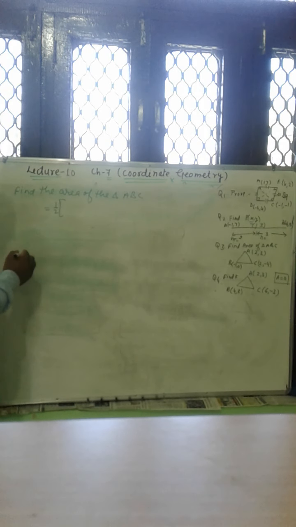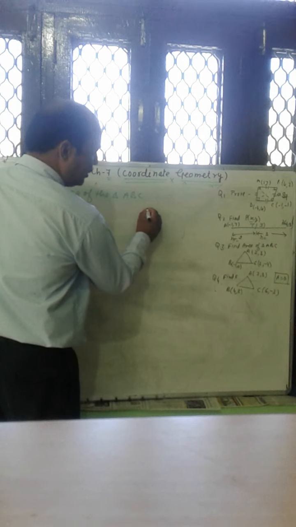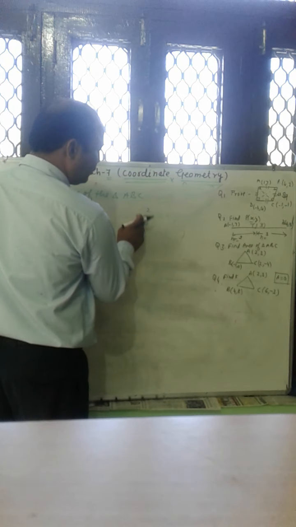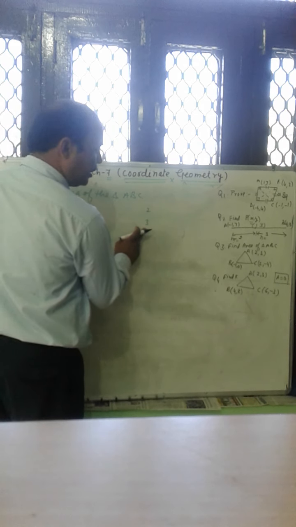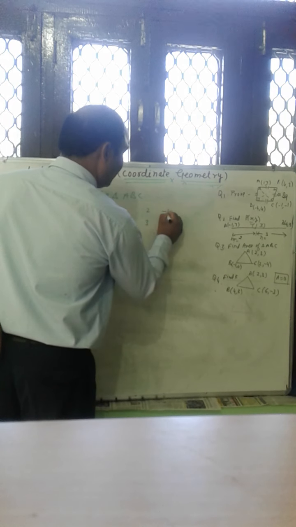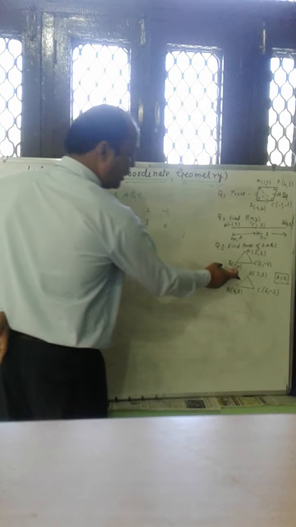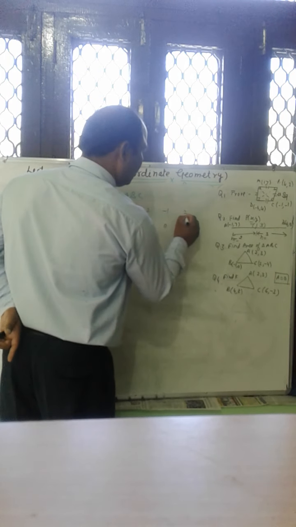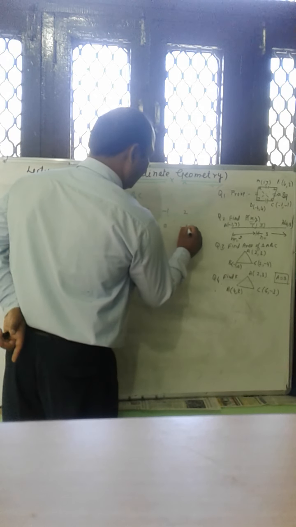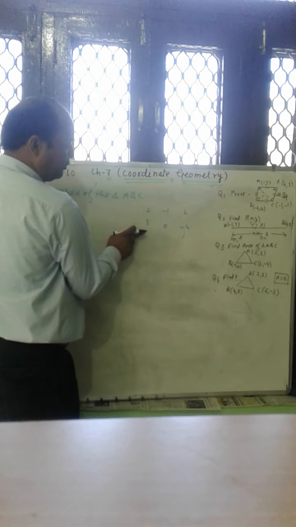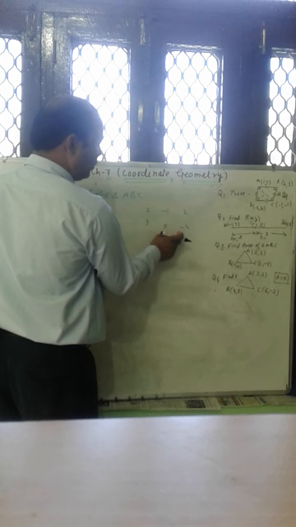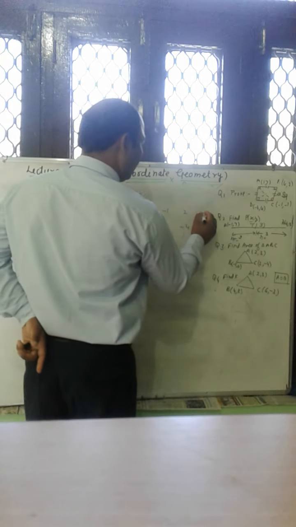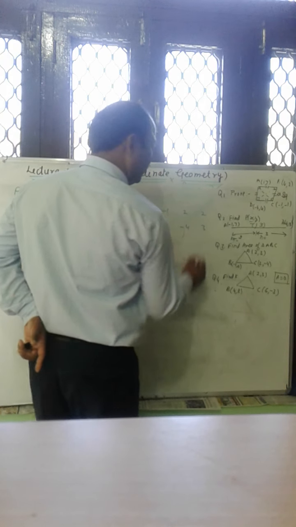I write here A as 2, 3. This is x1, this is y1. Here this is minus 1 and 0. This is x2, y2, and this is x3, y3, which is 2 comma minus 4. This is x1, y1, x2, y2, x3, y3, and the first coordinate we write again at the last, 2 comma 3.